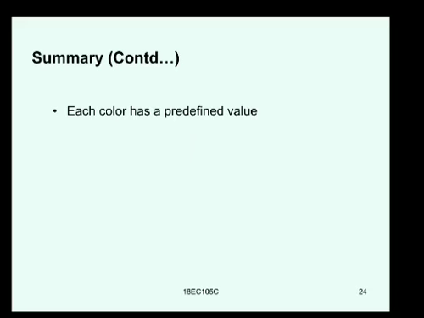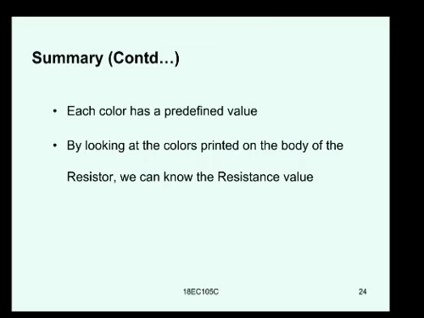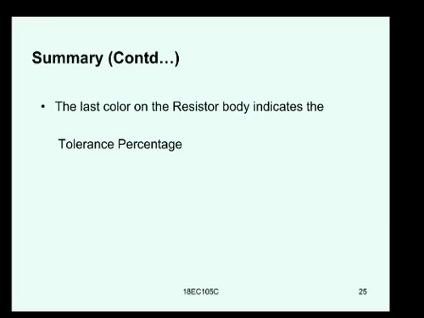Now each color has a predefined value as it is denoted in the table. By looking at the colors printed on the body of the resistor, we can know the resistance value of the resistor. We have learned how to compute it.